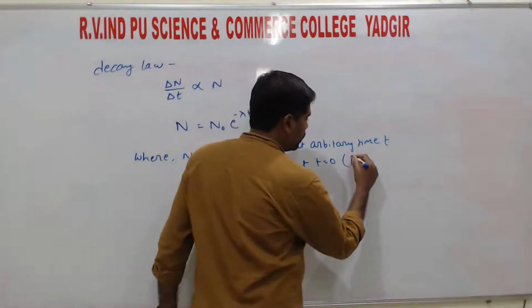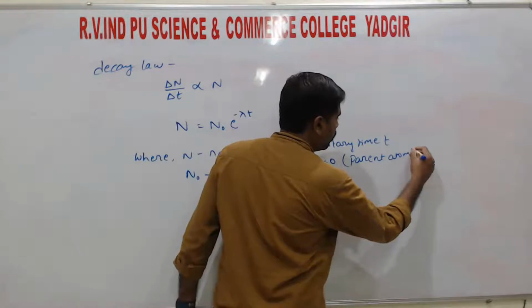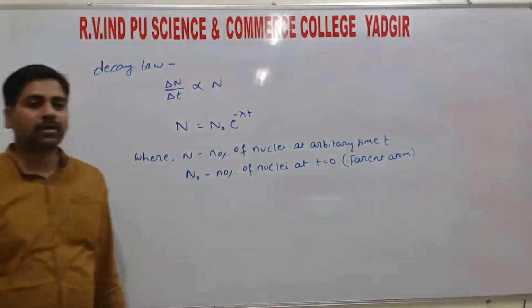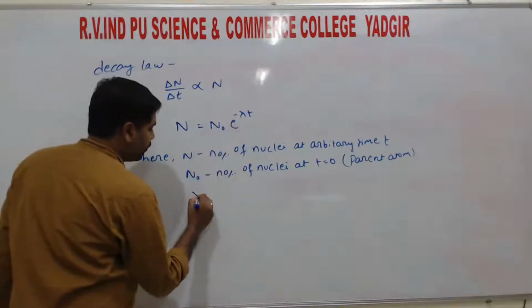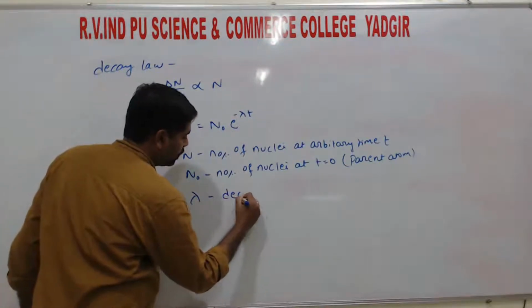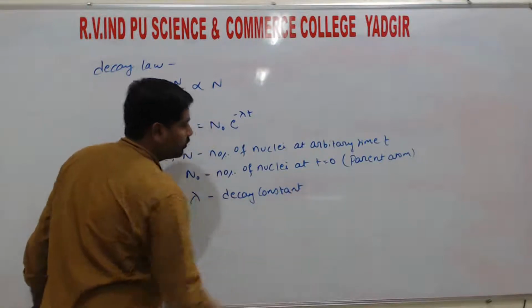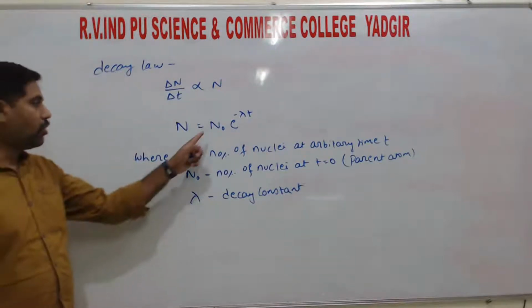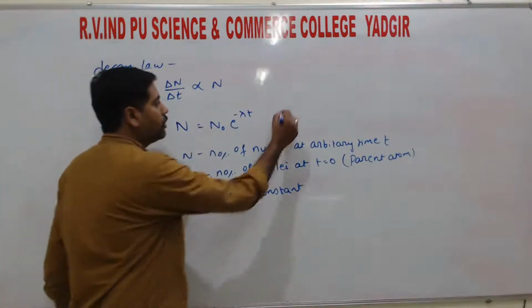So we also call this the parent atom or parent nuclei, right? So N naught, and we have lambda, that is the decay constant, right? N naught is also a constant because it consists of the sample.